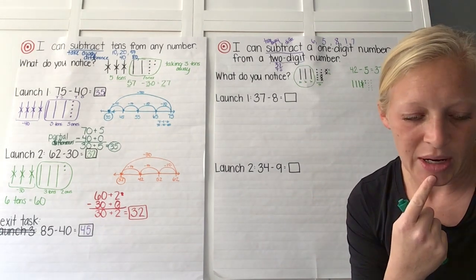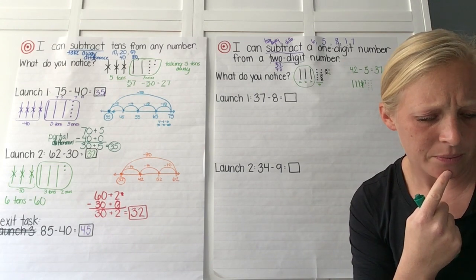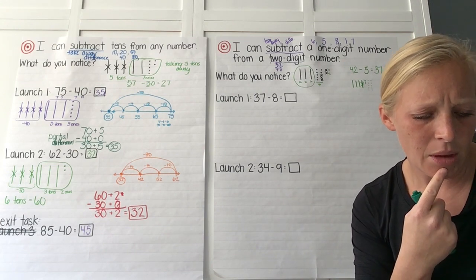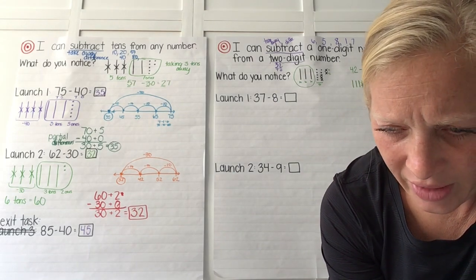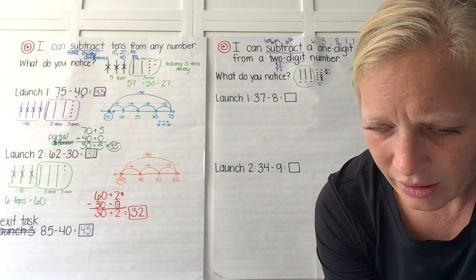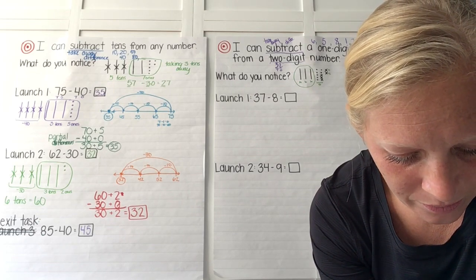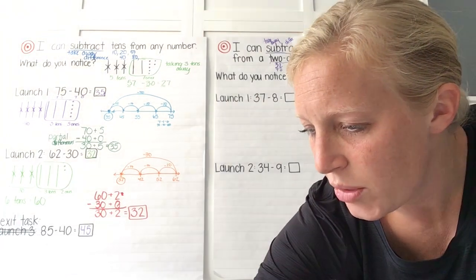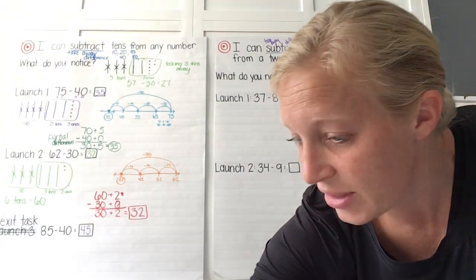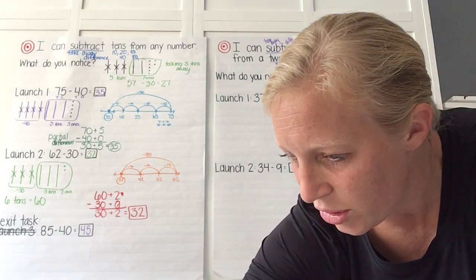What did you take away then? So where is the 8 that you took away? What are you doing to help yourself solve that? And how are you showing that in your work? Where is your 37 in your model? Where is the 8 that you took away?